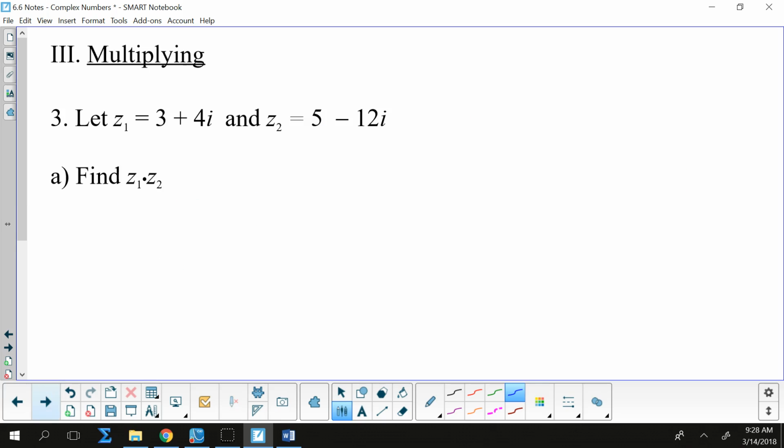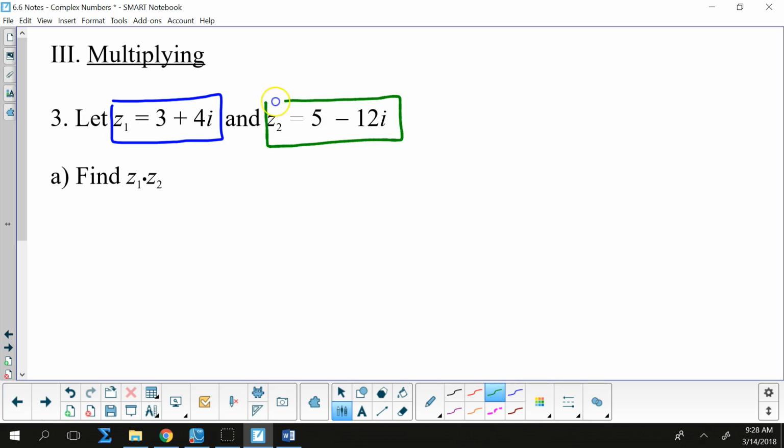All right, now let's get into some multiplying of complex numbers. Okay? So if I say that z sub 1 is 3 plus 4i, and I say that z sub 2 is 5 minus 12i, and then I say, what is z sub 1 times z sub 2?